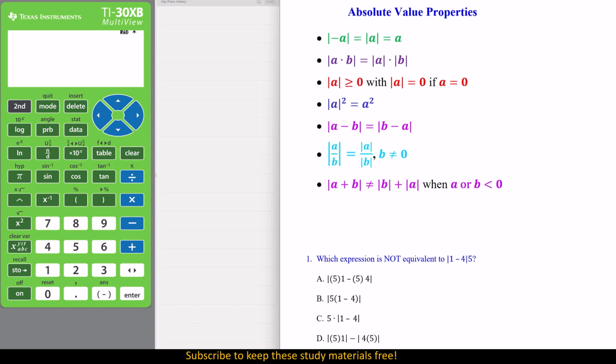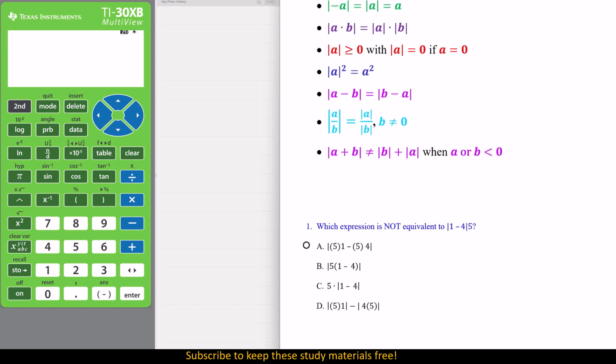Okay. All right, let's go with number one. Which expression is not equivalent to the absolute value of 1 minus 4 times 5? Now this is the same as if we put parentheses around the absolute value of 1.